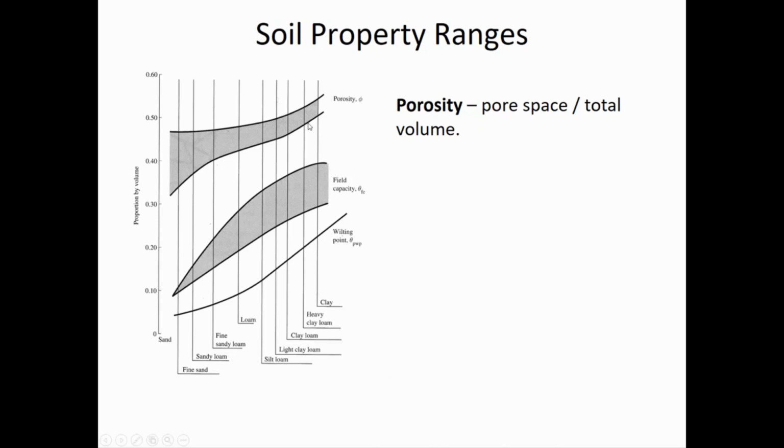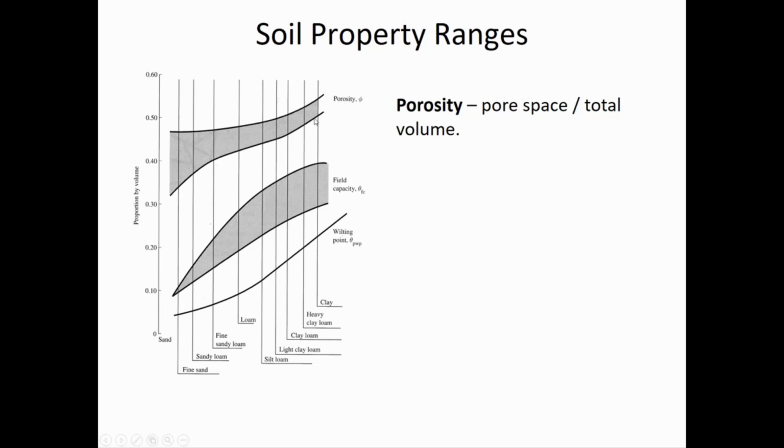And generally speaking, what's kind of ironic is that clay soils typically have a higher porosity than sandy soils do. And so if you were just considering porosity on its surface, you might think that water is able to travel through clay more easily than sands, because the more pore space there is, in theory, the easier it should be for water to go through it.